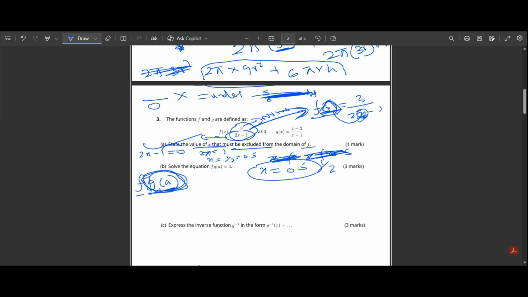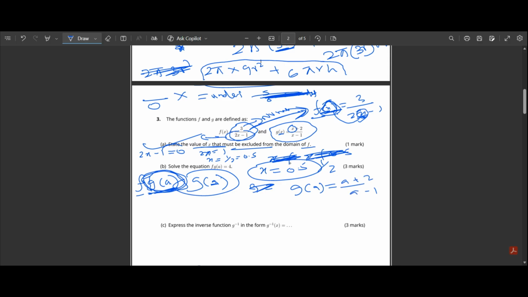We need to find what this is. Here they have given another function, g(x). Instead of x they have written a. So here instead of x you have to put a. So g(a) is equal to a plus 2 divided by a minus 1.